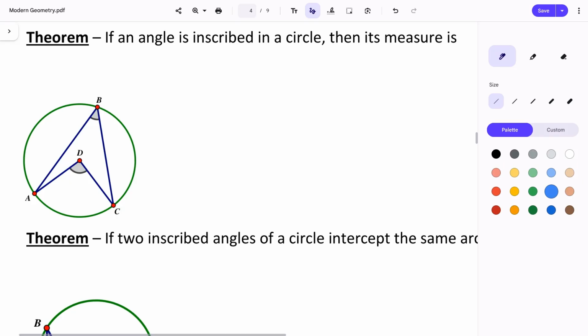So if it's inscribed, instead of it being congruent like we saw yesterday, the measure of an inscribed angle is going to be half the intercepted arc and central angle.